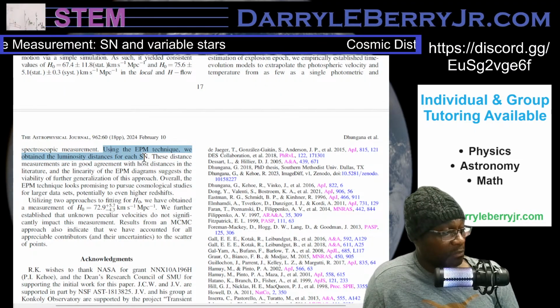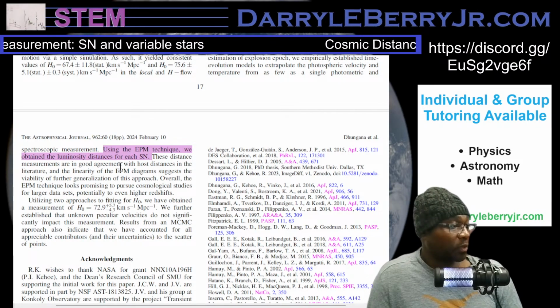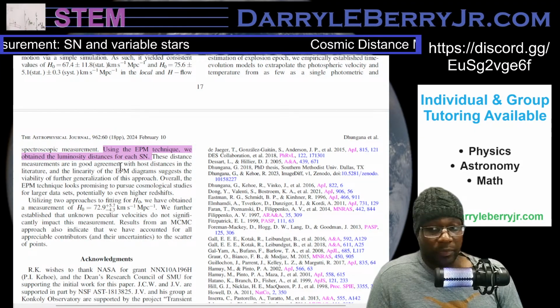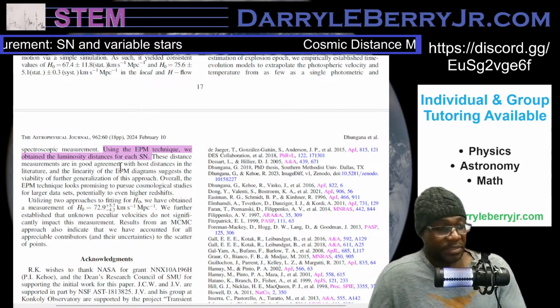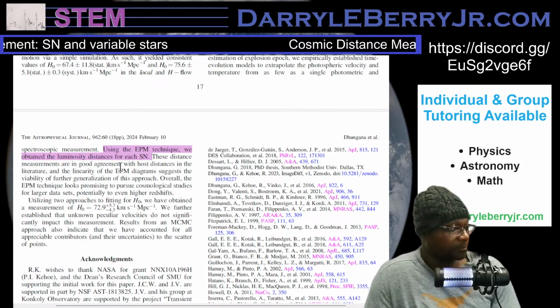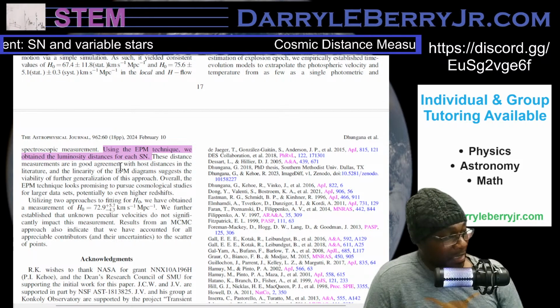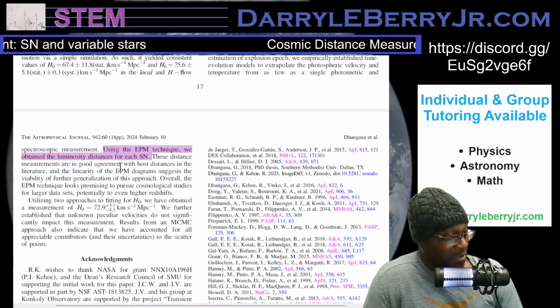These distance measurements are in good agreement with host distances in the literature. And so, in other words, it's comparable to the distances that other people have found and already published and has been peer reviewed. And the linearity of the EPM diagram suggests the ability of further generalization of this method.